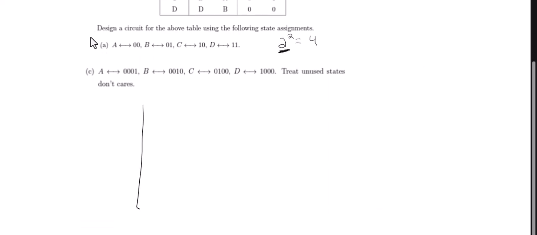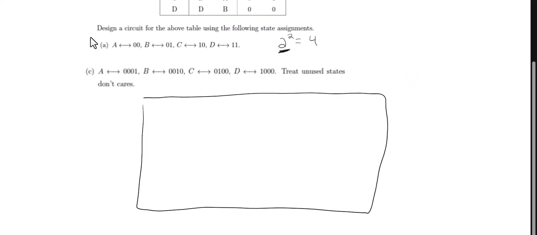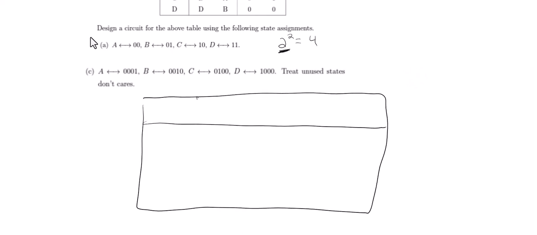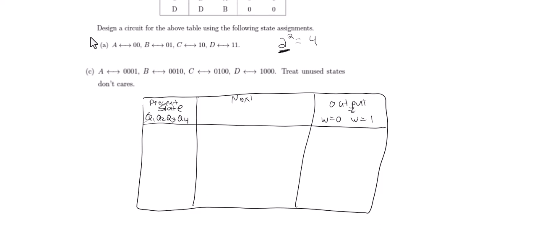Okay, so here's how our table will look. So this is our present state, and we'll call it, okay, so I'm just going with what I have: Q1, Q2, Q3, Q4, and our next state.